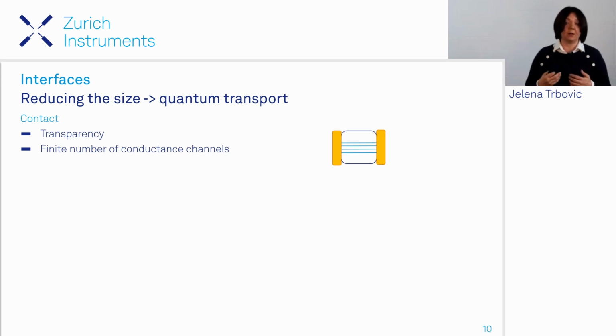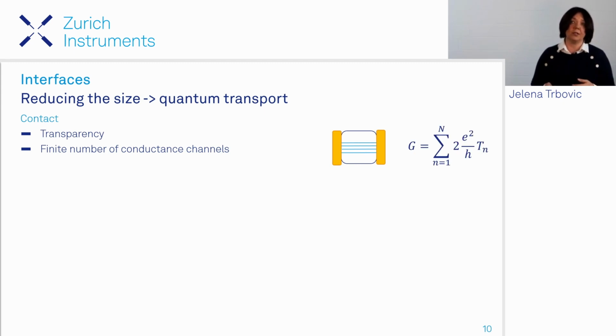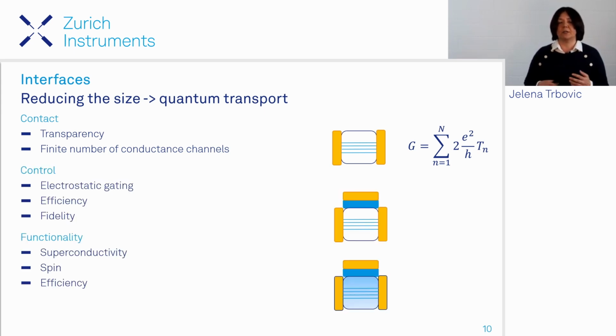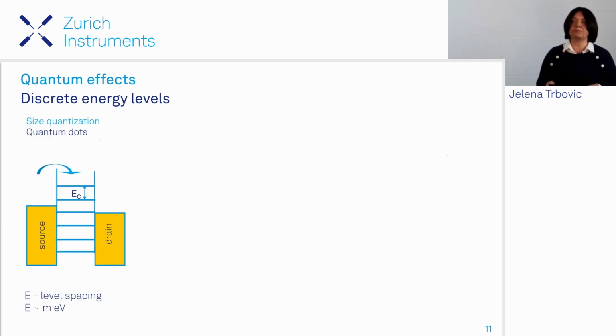We will have a finite number of conductance channels, and each of them will have a quantum conductance, 2e²/h, and will be associated with the transmission coefficient, which will in effect give you the information about the interface. This is given by this formula over here, very simple, and of course the same concept will apply when we want to control them or use these quantum channels to give them a different flavor with superconductivity or spin, for example.